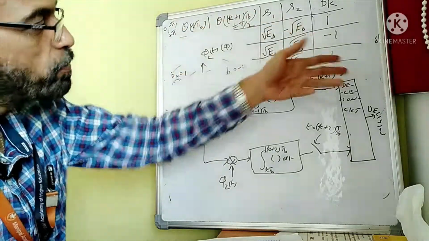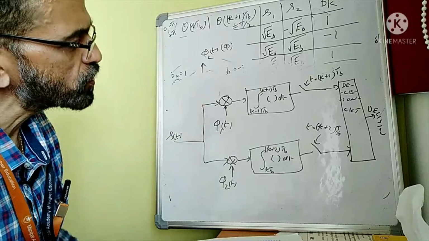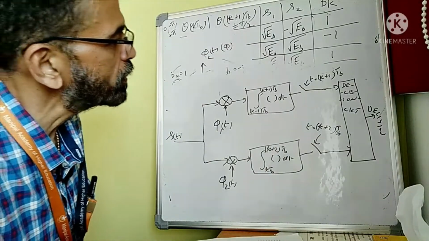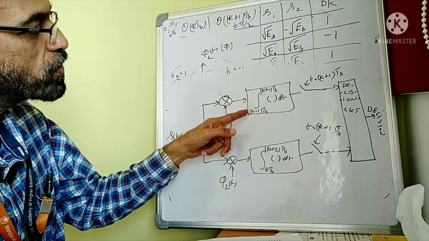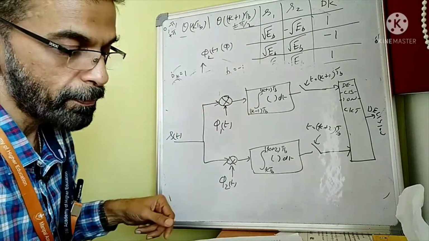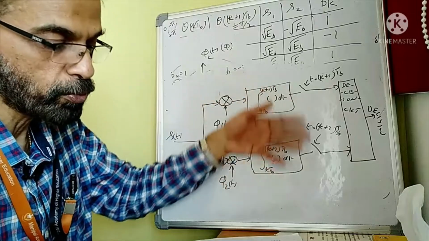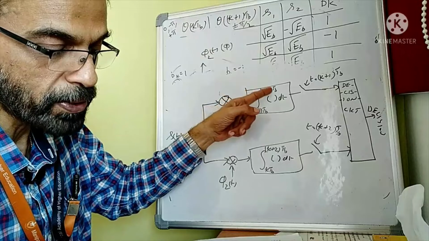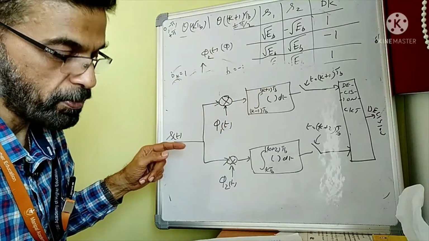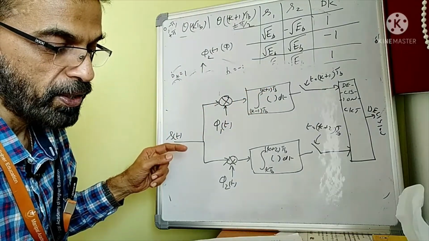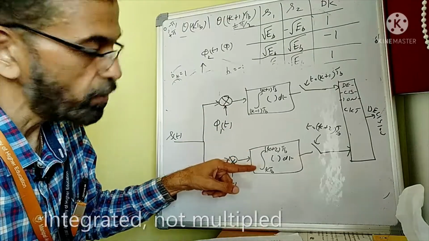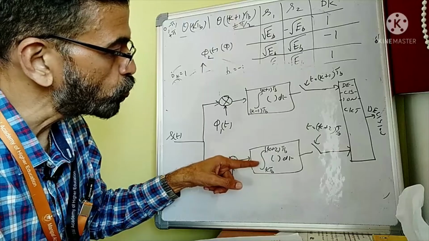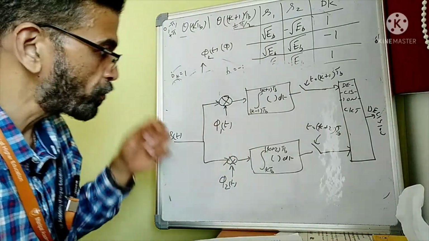Now once you get BK from this, the integration here will shift from k plus 1 to k plus 3. To proceed further with the process of detecting the bits, we next integrate this from k plus 1 tb to k plus 3 tb, and this is multiplied from k plus 2 tb to k plus 4 tb.